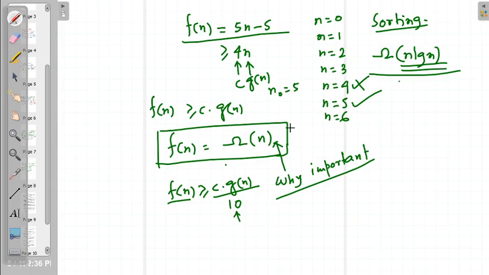That's why this omega notation is very handy whenever we talk in terms of the lower bound of some algorithm. The lower bound is coming from this greater or equal sign. So we have got this omega notation.